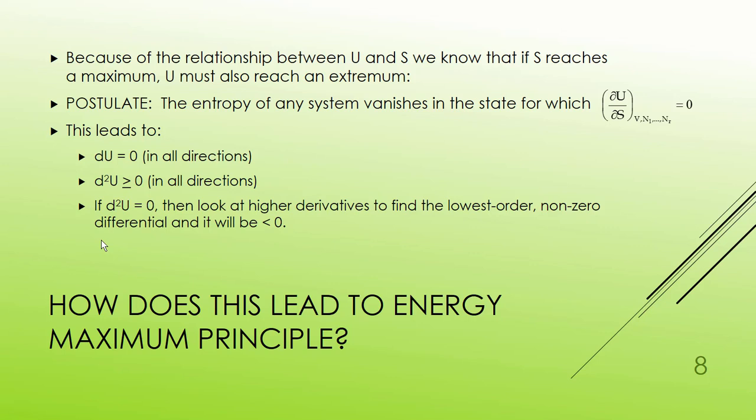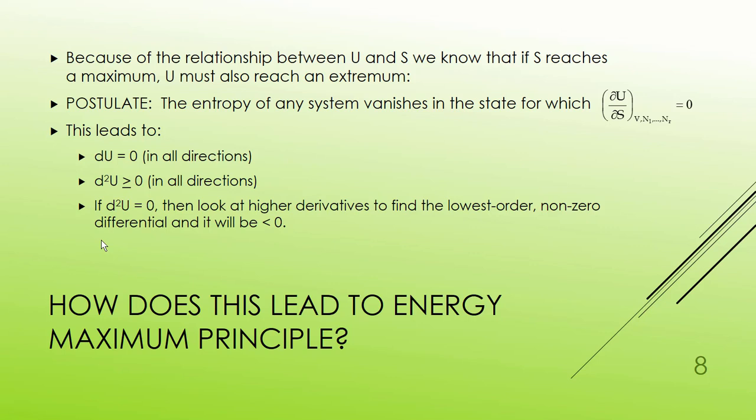Now, what this leads to is that as long as S is reaching a maximum, I'm also going to have dU that's going to reach an extremum. However, when I look at the signs on my U second derivative and my S second derivative, I see that U is going to need to be positive, whereas S is going to be negative.